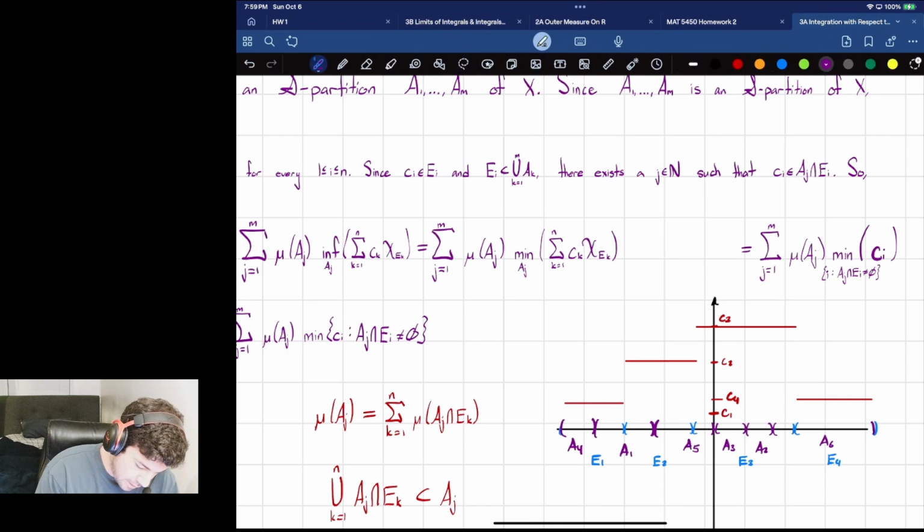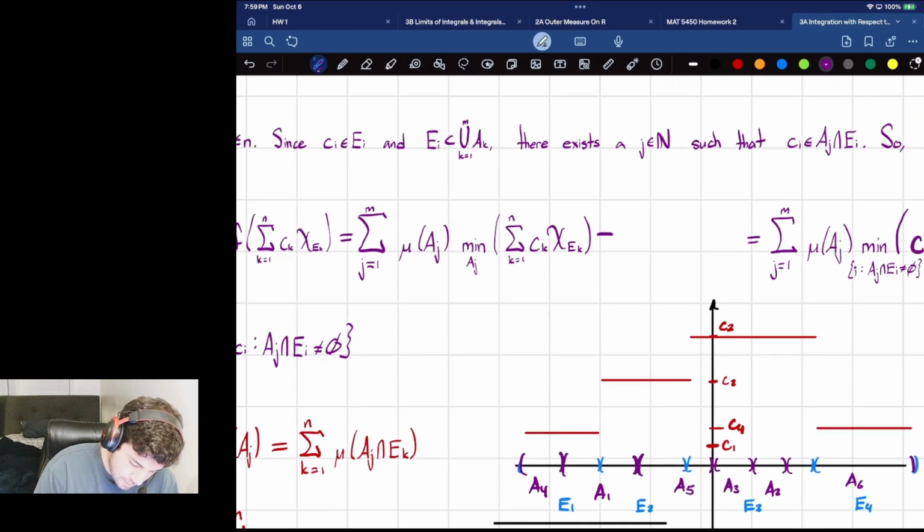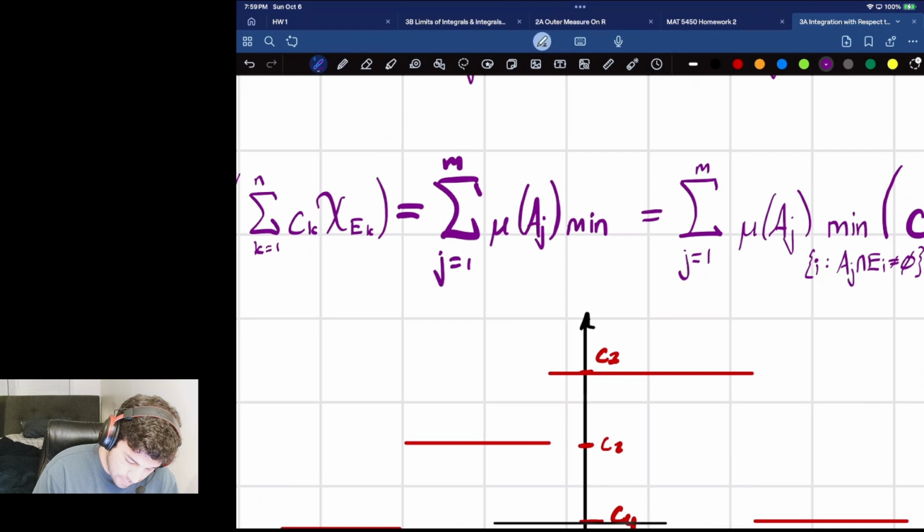I can write this as the sum from j to m of mu of A_j times the min over the intersection of A_j and E_k not empty.